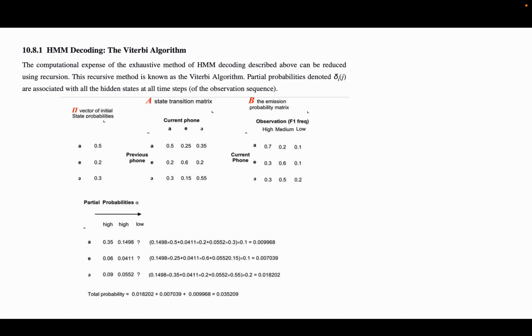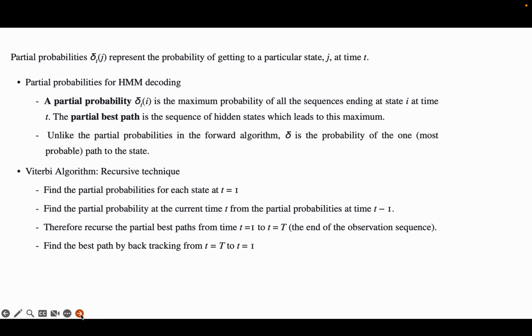But the Viterbi algorithm gives you the overall total probability of going from state A to state B. So once again, partial probabilities represent the probability of getting to a particular state j at time t. It is the maximum probability of all the sequences that end at state i at time t, and the best path is the sequence of hidden states which leads to this maximum.